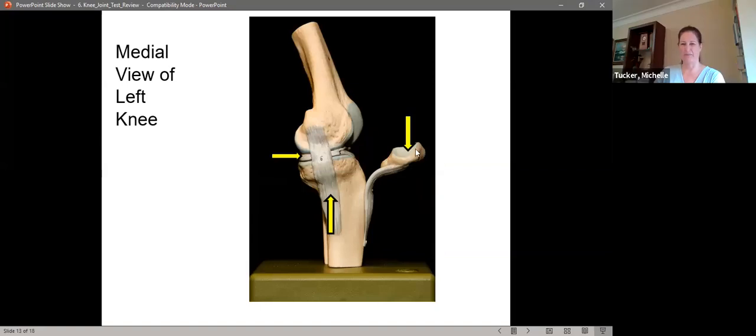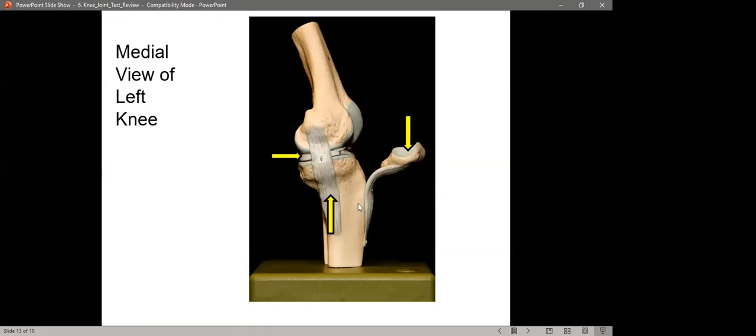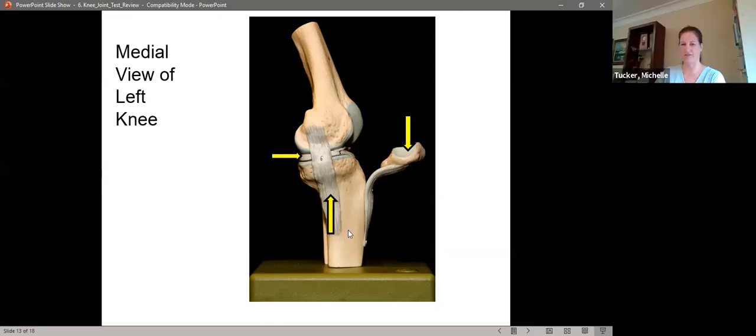Okay, so what bone is this? Patella. And then we have this large bone here, which makes this ligament the tibial collateral ligament.